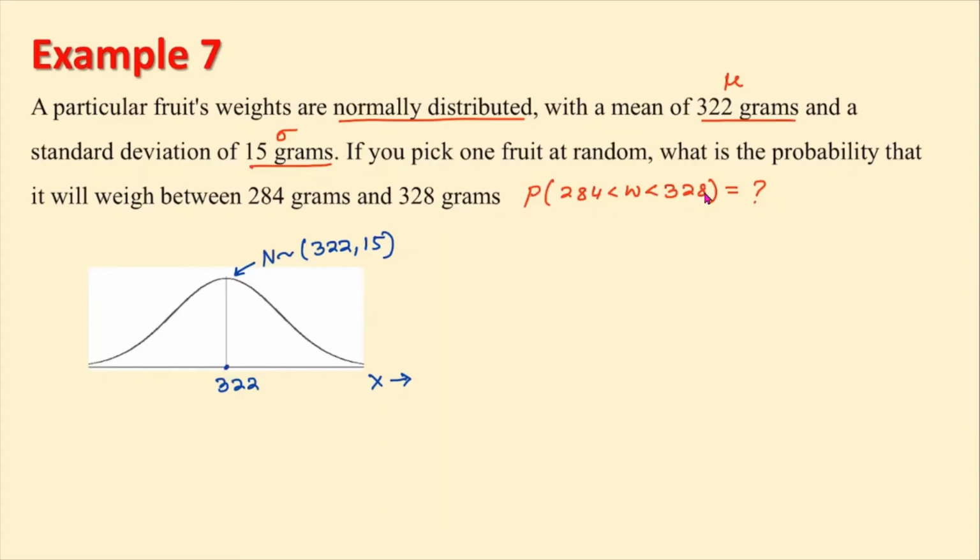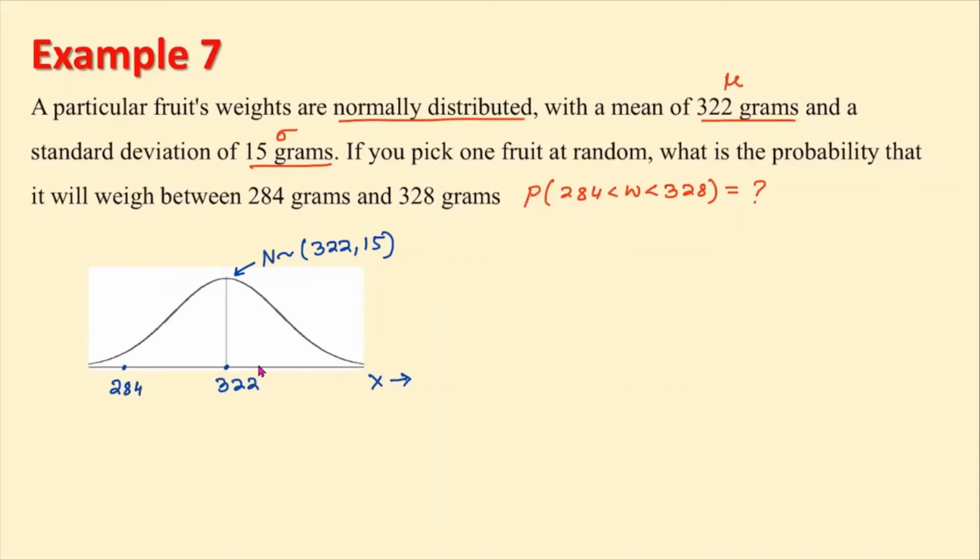Now you can see 322 is here. That means 284 will be somewhere below that, so maybe somewhere here is 284. And we go up to 328.